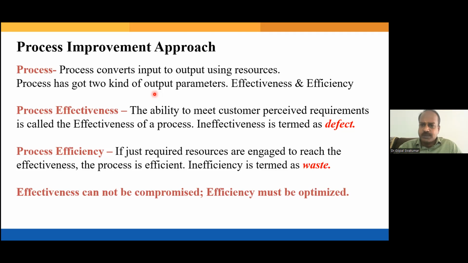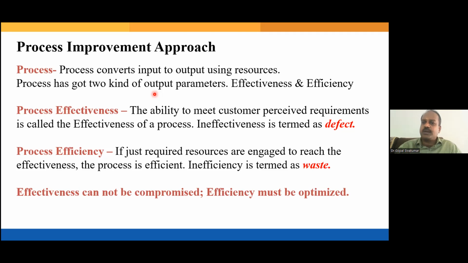And now tell me, what is the problem with the process? Is the problem with the process related to effectiveness or related to efficiency? Coffee is good, but the only problem is that it has been offered to you after making you wait for 40 minutes. That means the problem is not with the effectiveness, but with the efficiency. They took more time to process your order, to prepare your coffee, and then offer you a coffee, right?